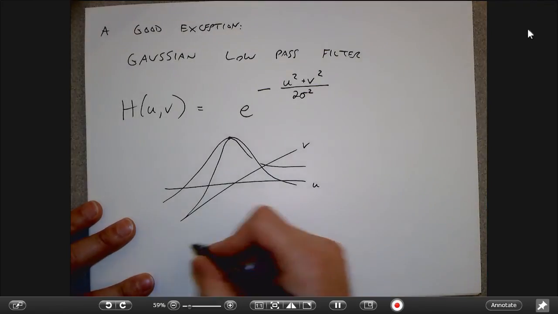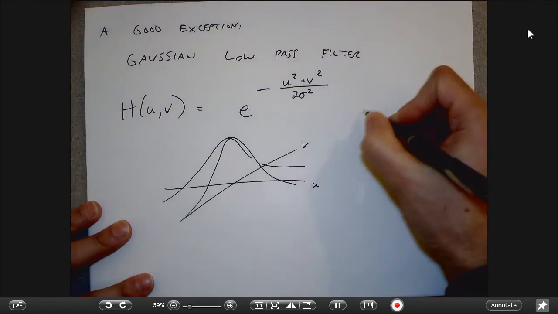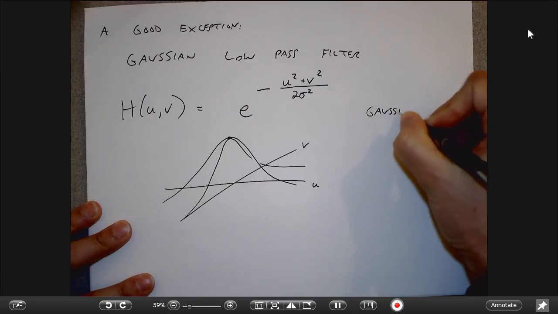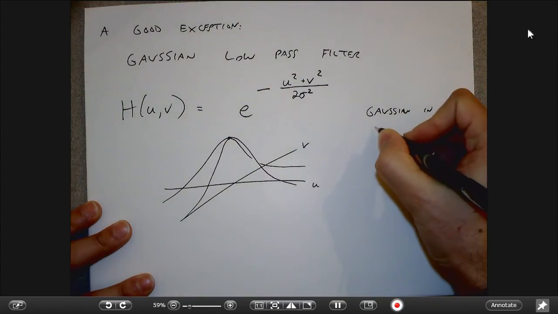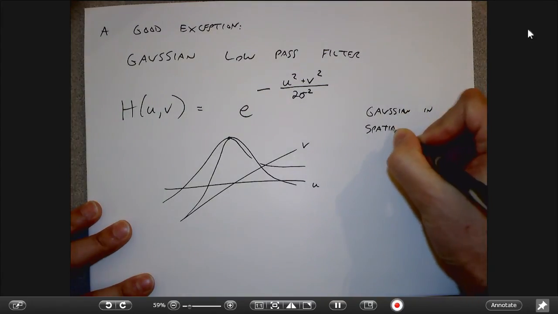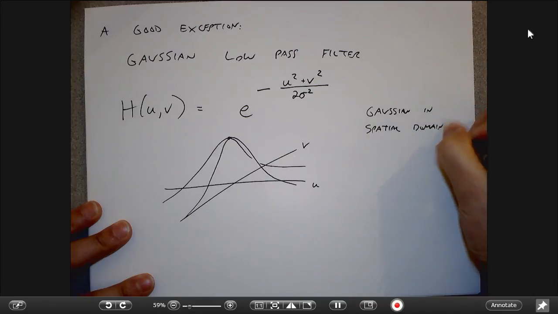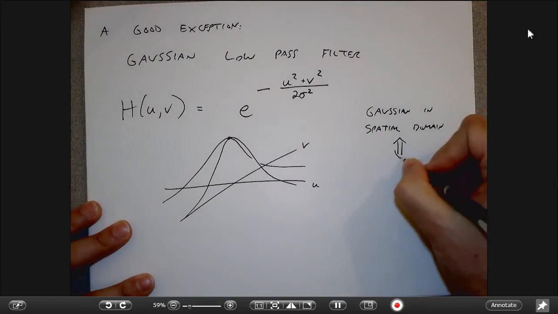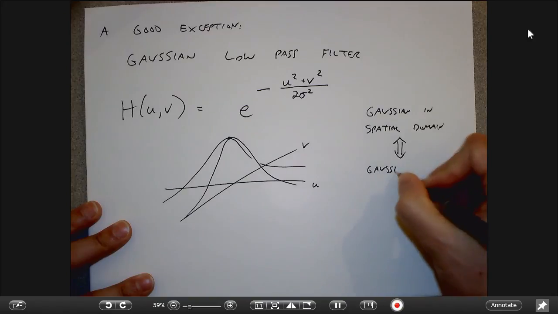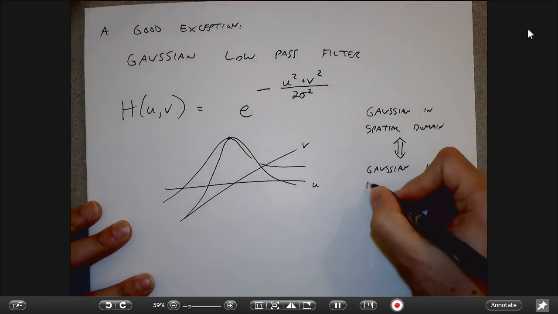And so it looks like a Gaussian here, and the nice thing is that a Gaussian in the spatial domain turns into a Gaussian in the frequency domain.